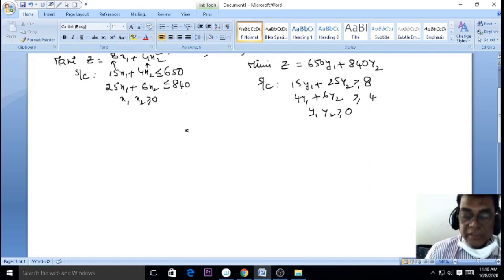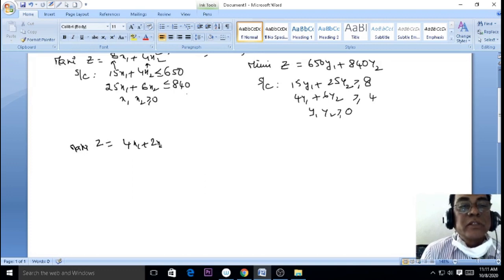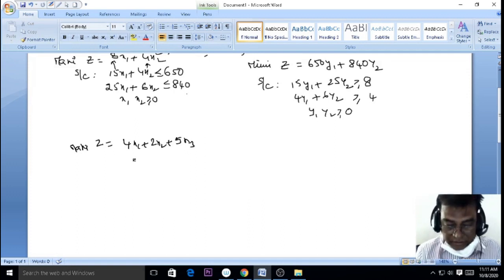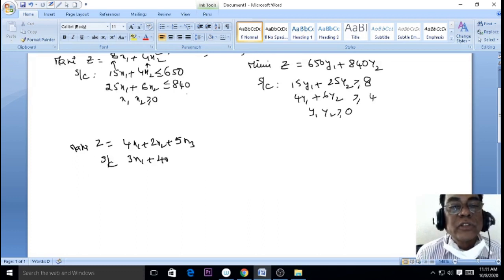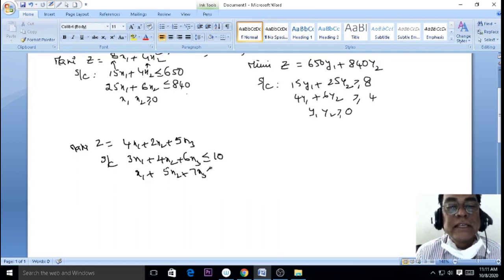Suppose another example: maximize z is equal to 4x1 plus 2x2 plus 5x3, subject to constraint: 3x1 plus 4x2 plus 6x3 less than or equal to 10, x1 plus 5x2 plus 7x3 less than or equal to 12, 2x1 plus 6x2 plus 2x3 less than or equal to 13, and x1, x2, x3 greater than or equal to 0.